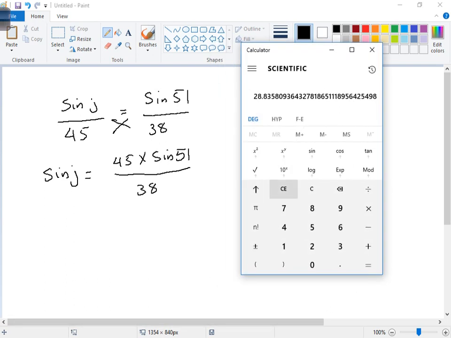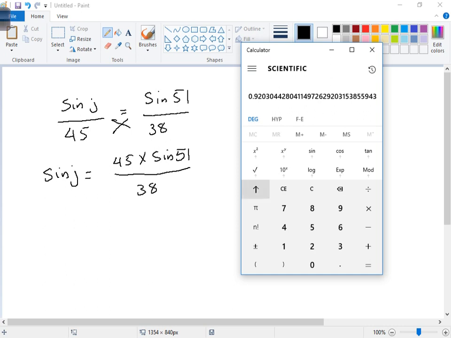We take sine 51 times 45, then divide it by an open bracket, 38, close the bracket, and the answer is 0.92.